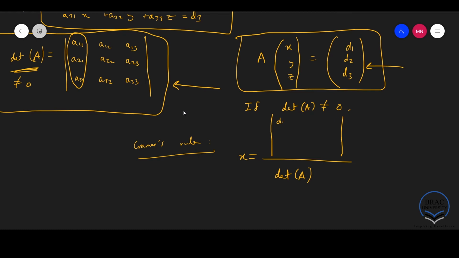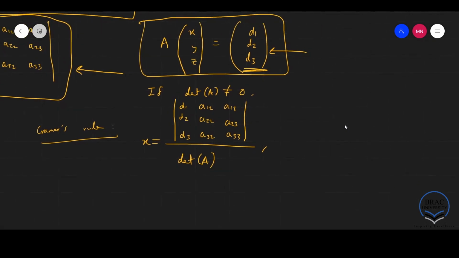So we will have d1, d2, d3, and then we will have a12, a22, a32, a13, a23, a33. So as you can see, the second and third column remain the same except the first column. The first column just gets replaced by this column vector here, for the case of x.